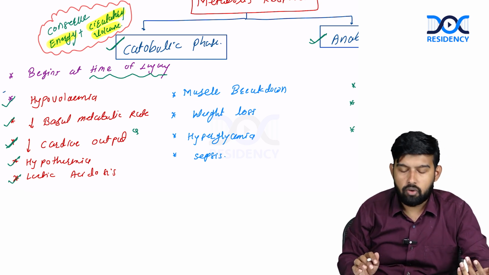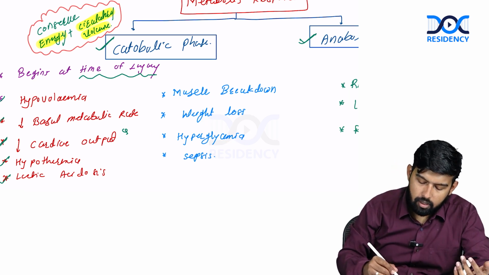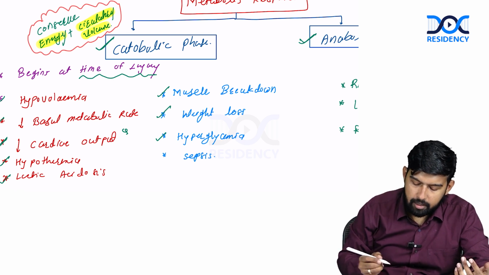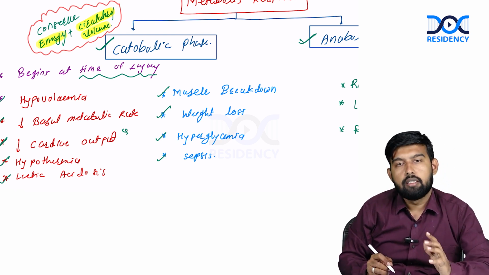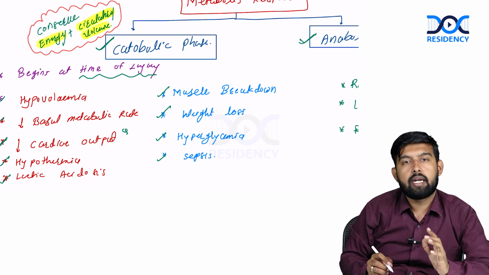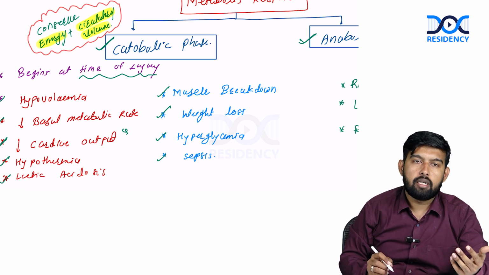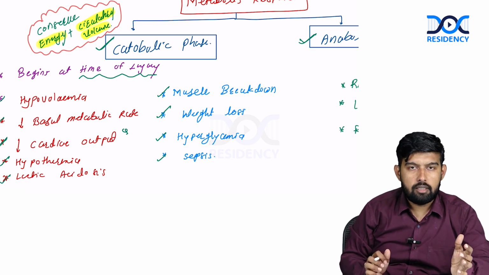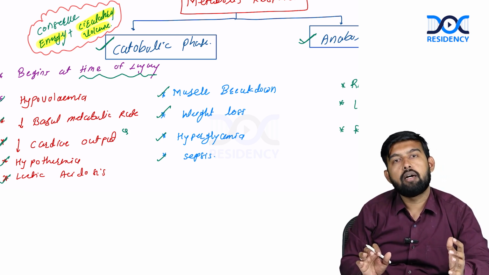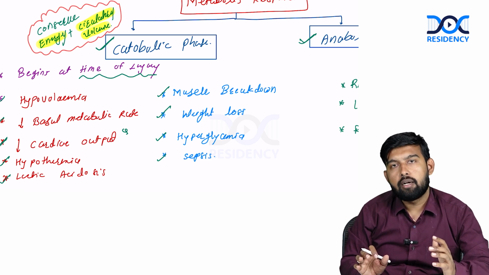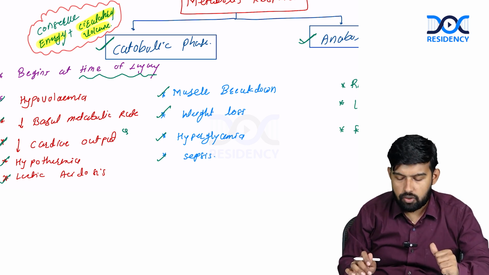The effects of the catabolic phase are muscle breakdown, weight loss, hyperglycemia, and sepsis. So this is the catabolic phase, which starts early after the surgery or injury.